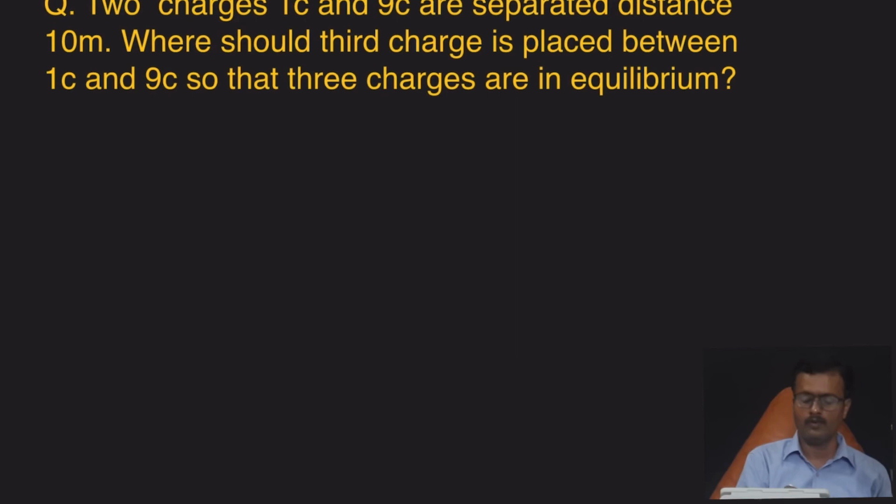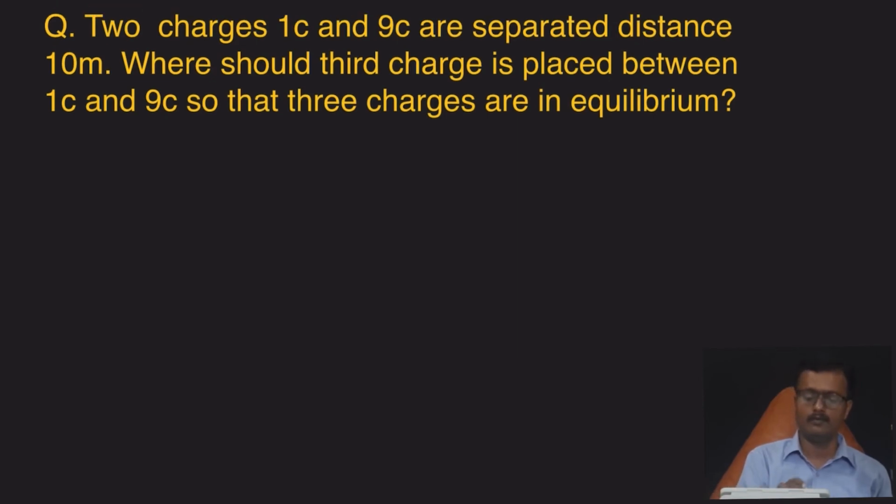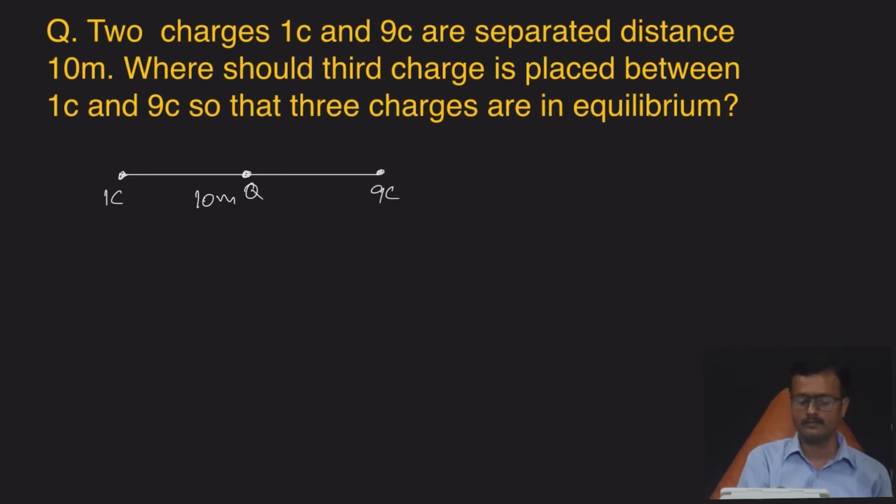See, 1 coulomb and 9 coulomb are separated by a distance of 10 meters. The third charge is placed somewhere between them. Suppose it is x from 1 coulomb, then it becomes 10 minus x from 9 coulomb.